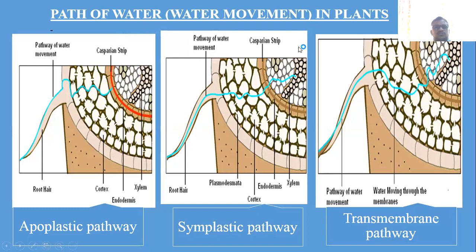Whatever question it may be, what are the different pathways of water, or how does the movement of water take place in the plant cell, or from root to tip region.